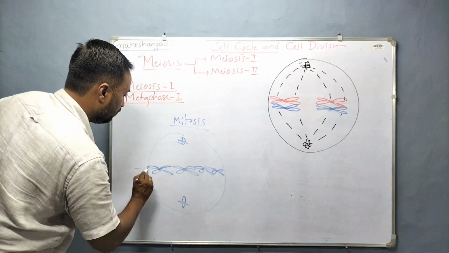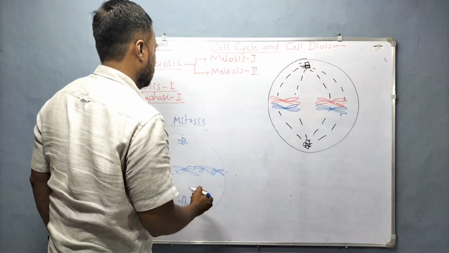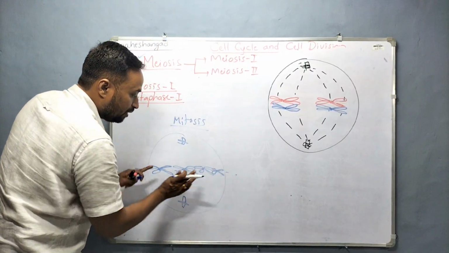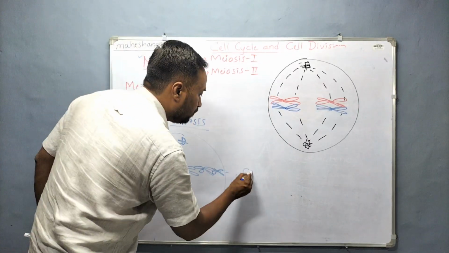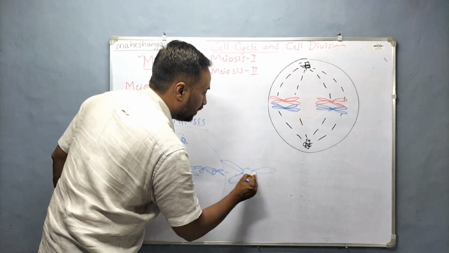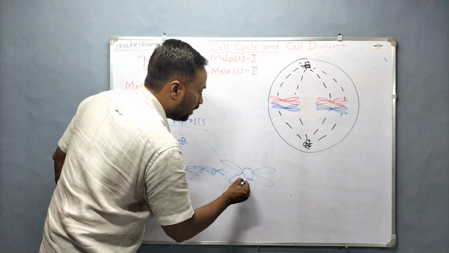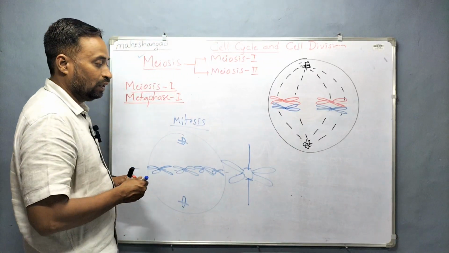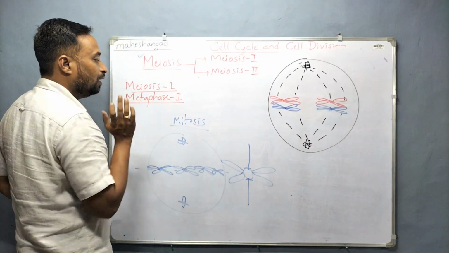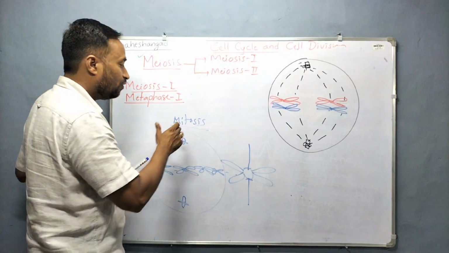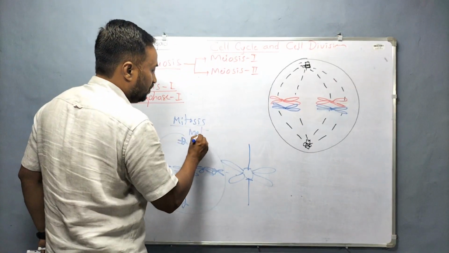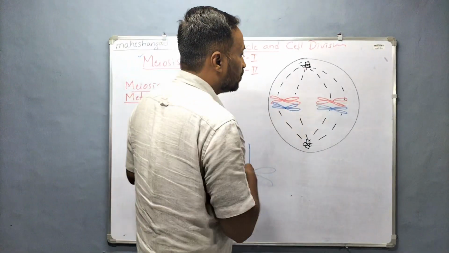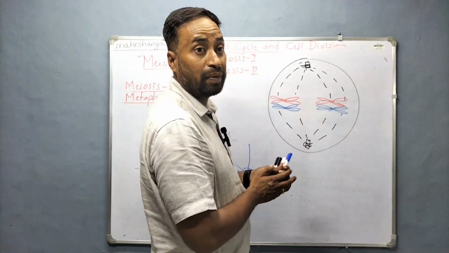See the difference between mitosis and meiosis. In mitosis, all the chromosomes come and lie on the central equatorial plate, and the spindle fiber attaches to the kinetochore of the centromere of the chromosome. This is how they align in the metaphase of mitosis. But now, all the chromosomes are not aligned on the central equatorial plate.